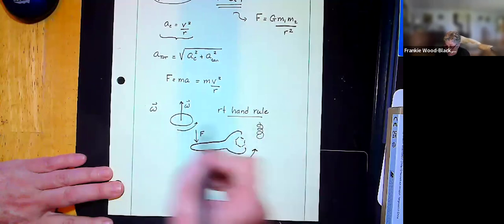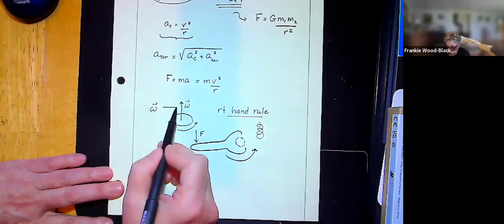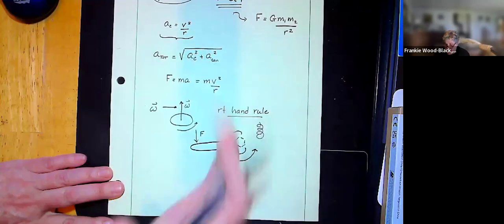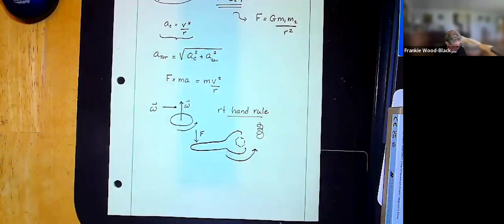It's all coming back from the fact that I have this angular velocity, which is going to allow me to come up out of the page. So we will see that as we go into the next chapter.